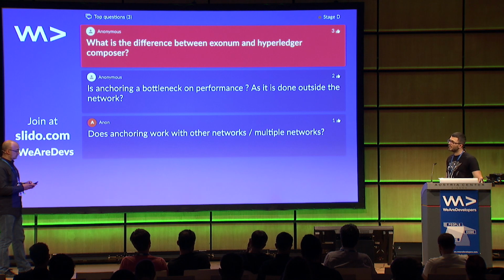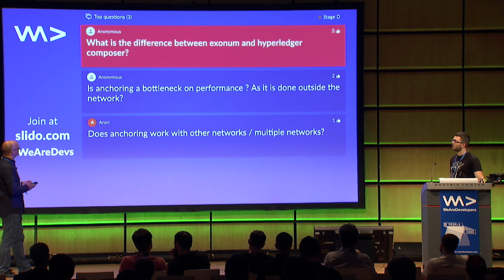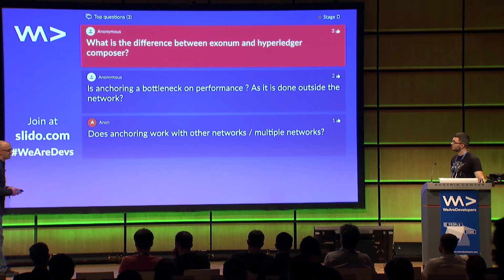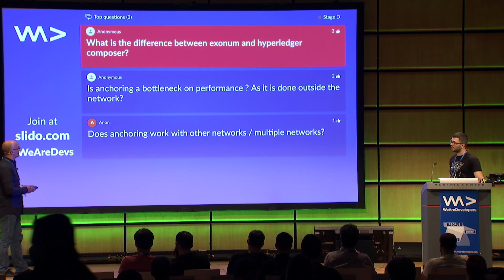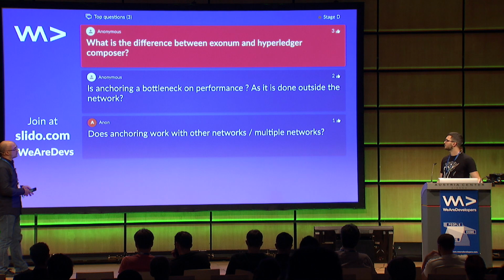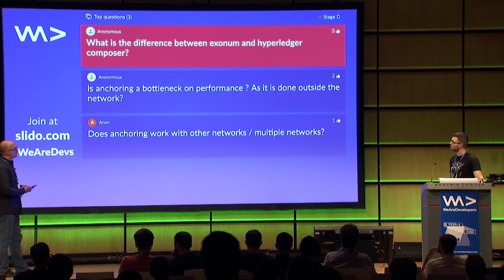Also, we have anchoring, which gives us the opportunities of public blockchains. We use Rust, which is quite a secure language, and if we want to build a secure database, which is what a blockchain is in general, we have to use a secure language, and this is quite a silver bullet.